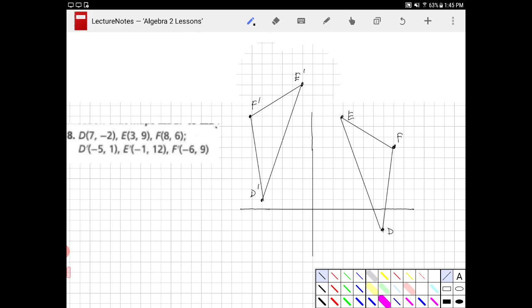Okay. So what is it that we are looking at? This looks like it's going to be a translation and then a reflection. So it's going to be translating how many units? It looks like it's translating 4 units up and reflecting. So let me go back over here.